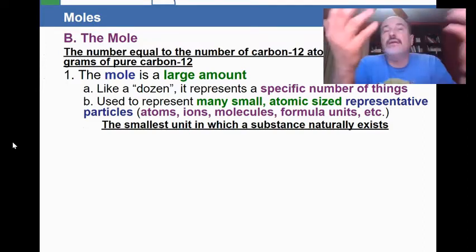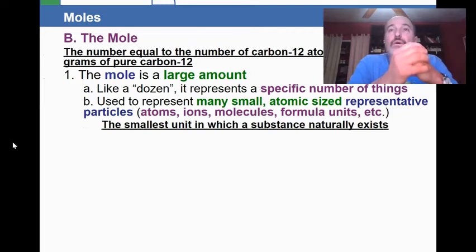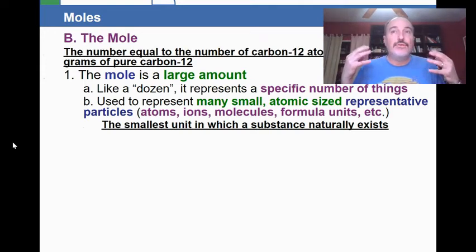Or it can be what are known as formula units. If you're dealing with something like an ionic compound, like salt, those smallest units are formula units, but they're all representative particles. And 1 mole is basically a large number of those.